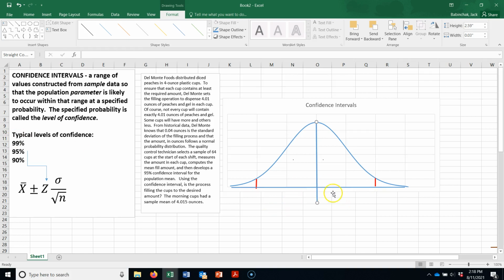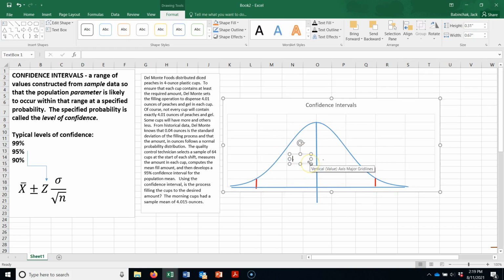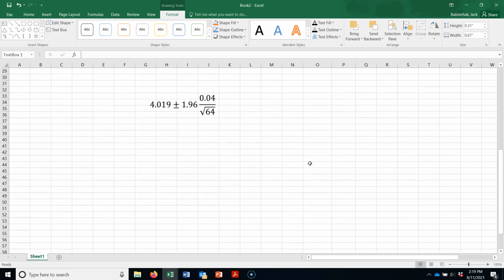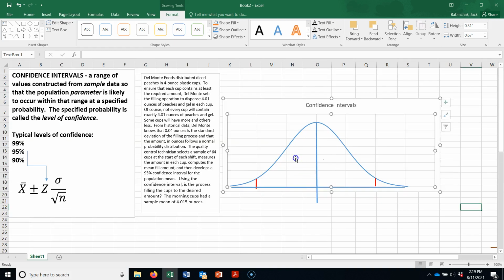Okay, so we're using 95%. So if I take this area under the curve between the two red lines, that has to be 95%. Okay, that has to be 95%. So being the brilliant mathematician that I am, I know that this side of the curve has to be 0.475, okay?